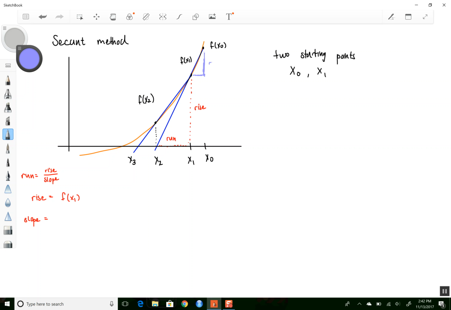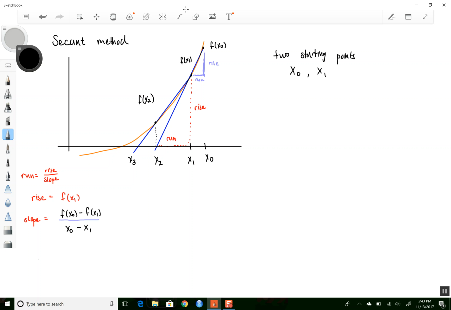Here I have a rise and a run. The slope is going to be the difference f of x0 minus f of x1, and the run is going to be x0 minus x1. So that's the slope, and this is my rise.